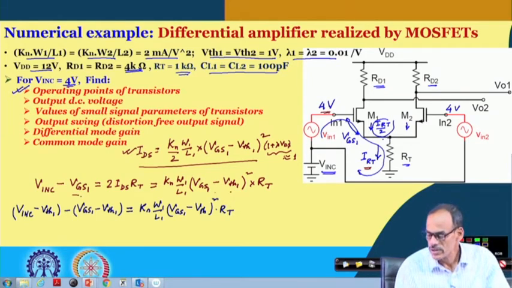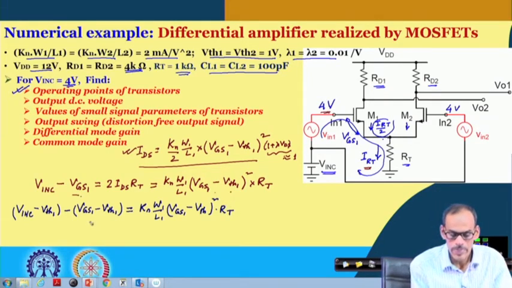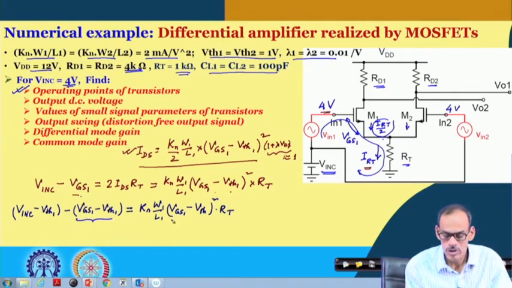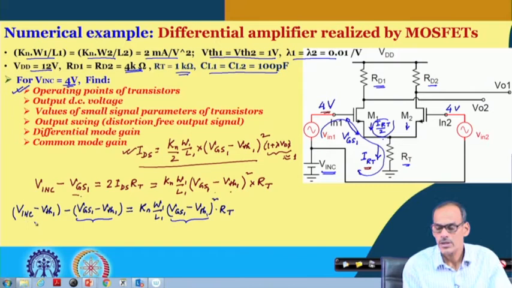Now, this equation here, if you see this term, particularly VGS 1, is not known to us. So, we can say that these two terms we call x, rest of the things are known to us.